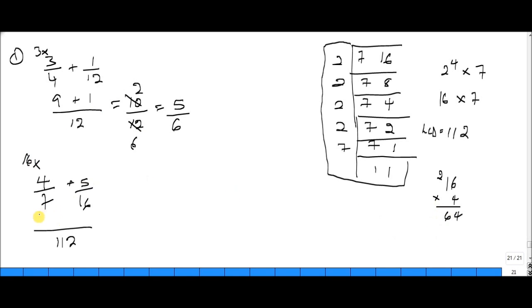It will go all of 64 times, plus 16 into 112 will go 7 times, and we say 7 times 5 will give us 35. So 64 and 35, 4 and 5 is 9, 99. So we have 99 over 112. Okay.